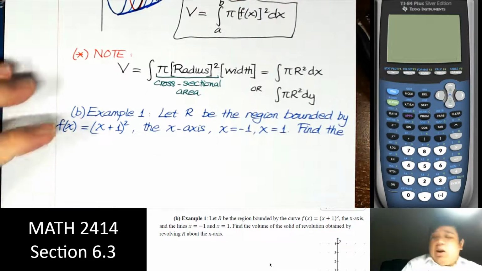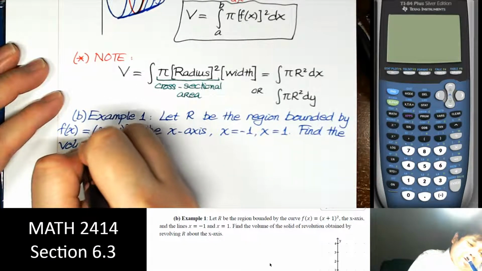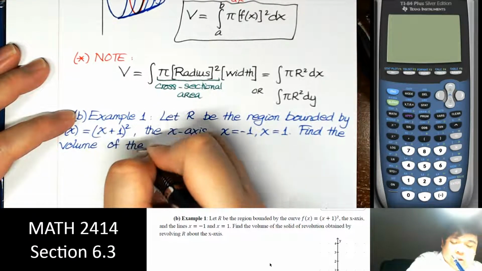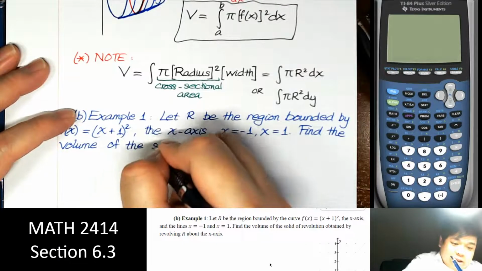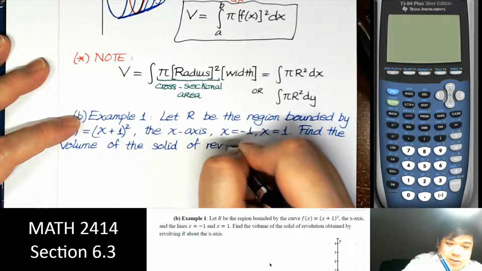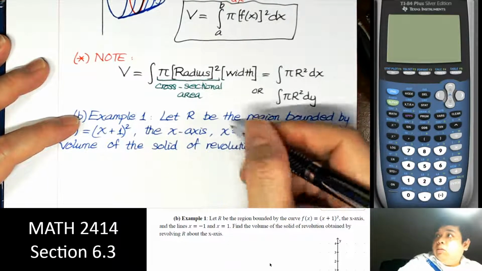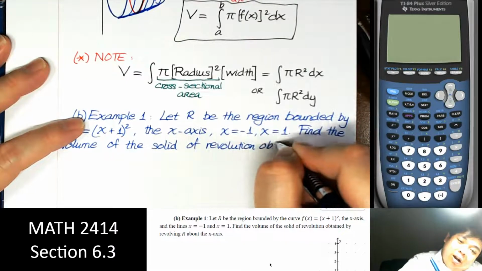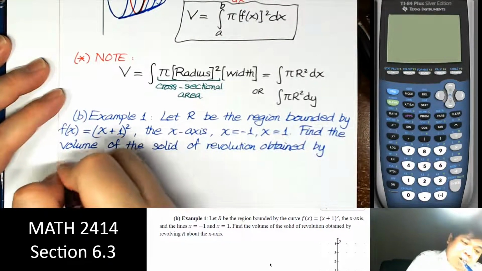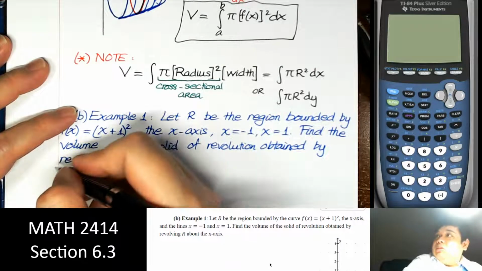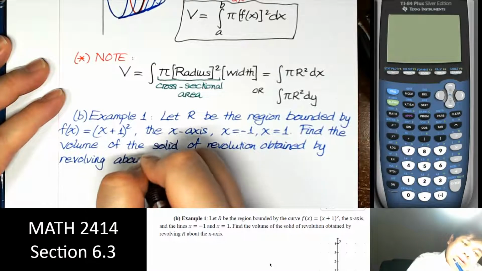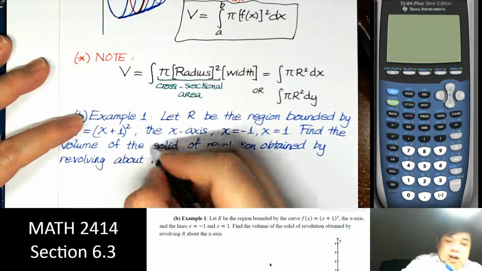Find the volume of the solid of revolution obtained by revolving R about the x-axis. I'm going to have to write the whole thing out.